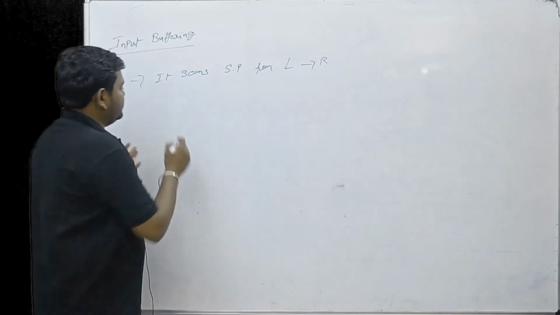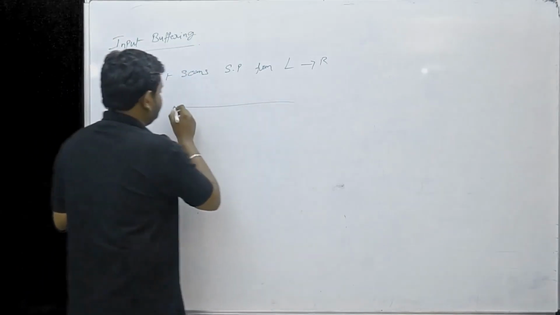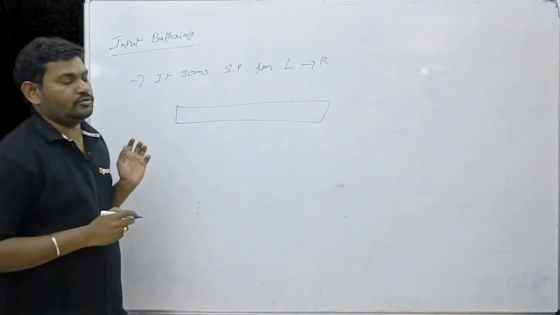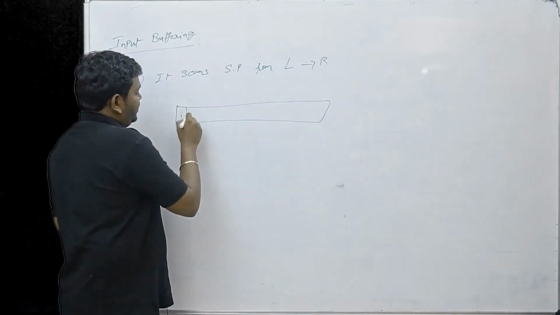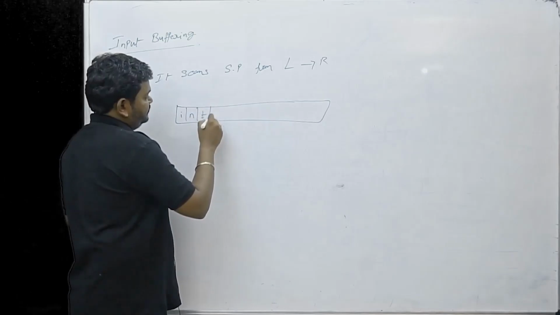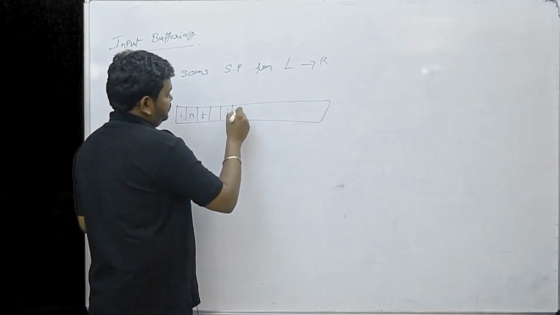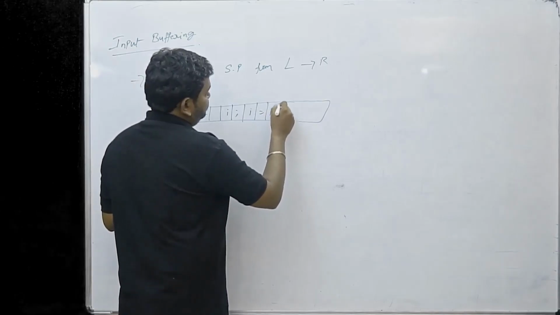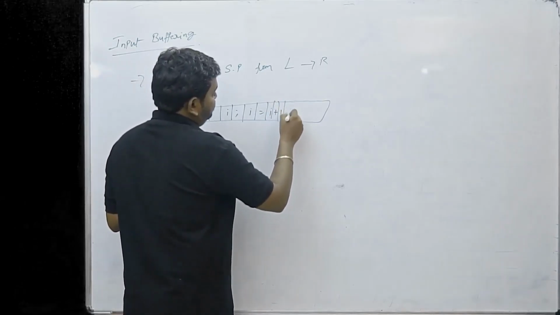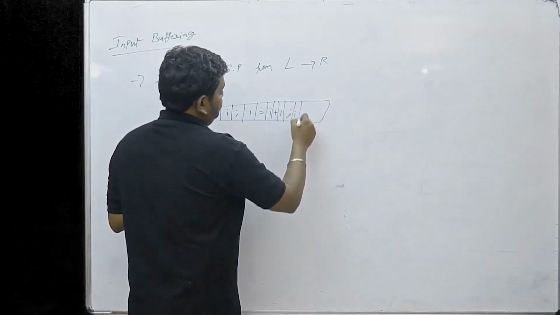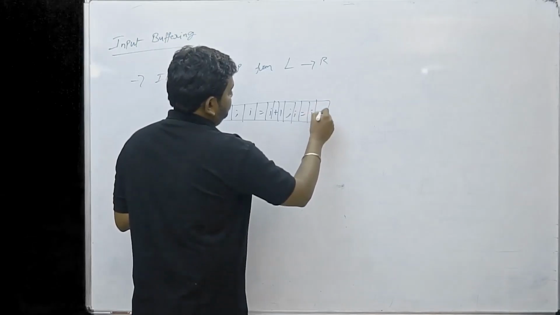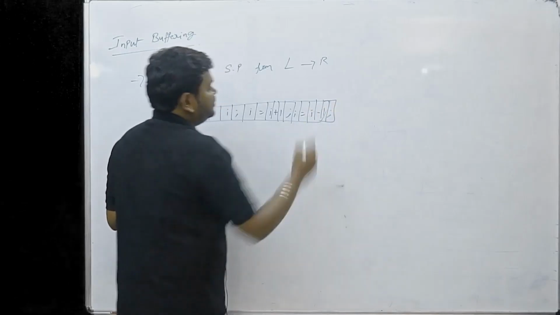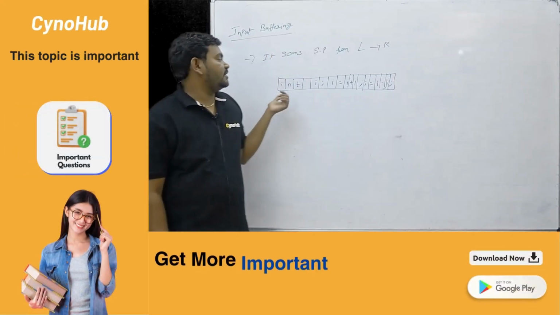Here let's take a simple example of how input buffering scans the entire source program. Suppose I have the code like this.